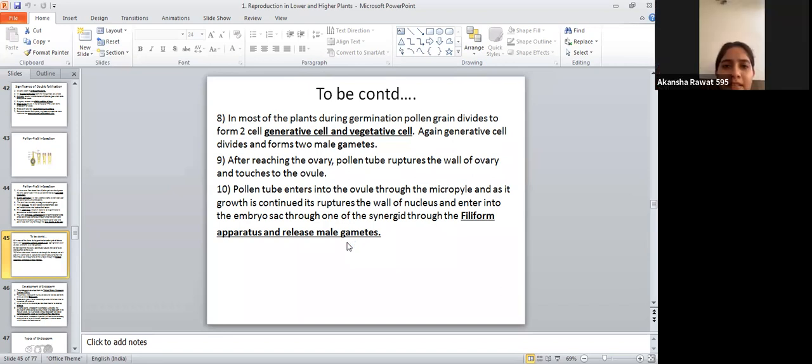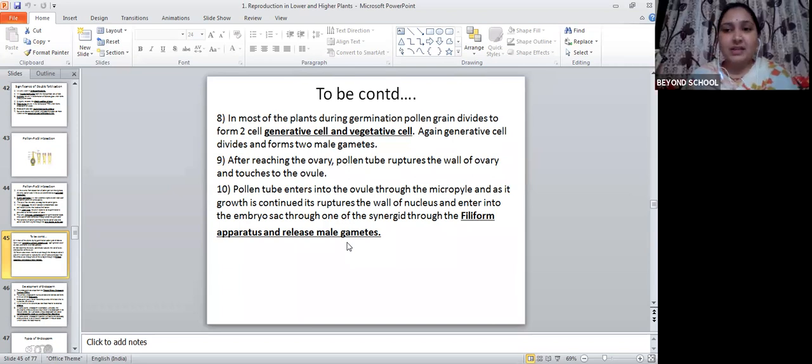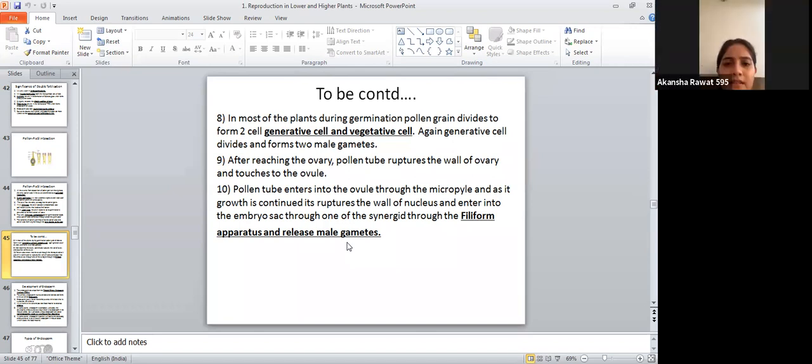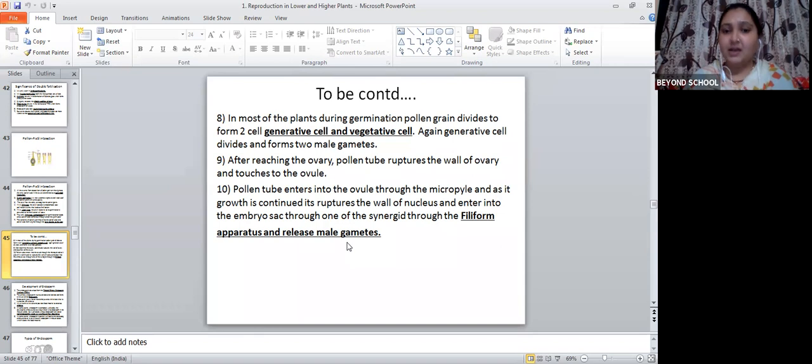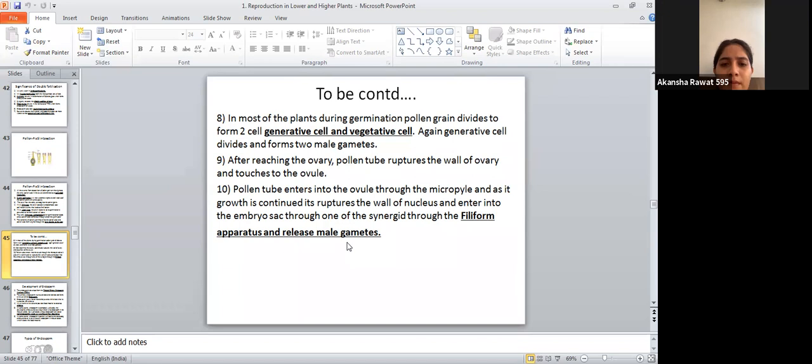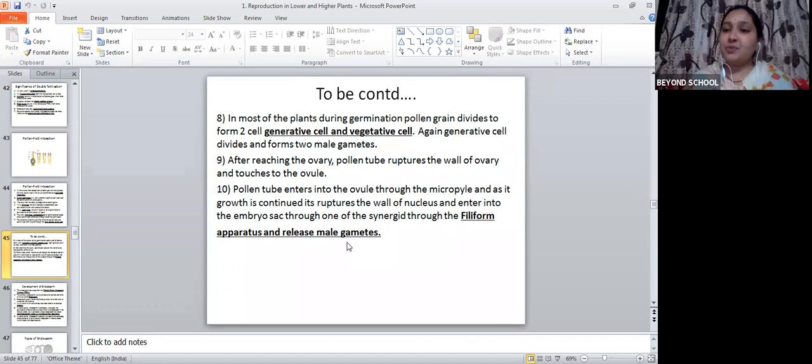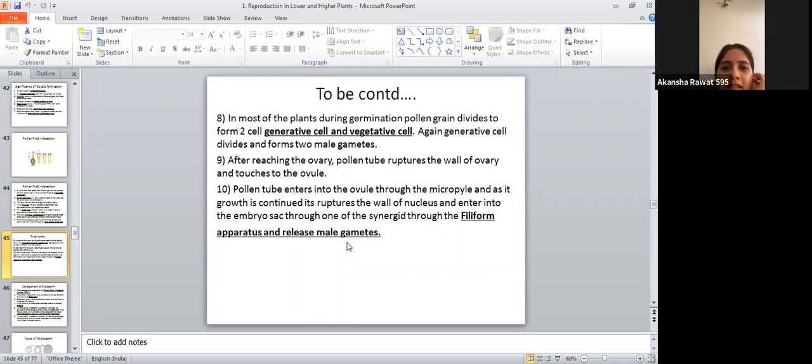It is a normal process, which we have already seen in the female gametophyte. It comes into the embryo sac, and once the embryo sac is ruptured, it is going to meet the egg cell. The synergids are going to provide nourishment for the development. And the synergids themselves are part of the egg apparatus. What is an egg apparatus, Akansha? Egg cell and synergids.